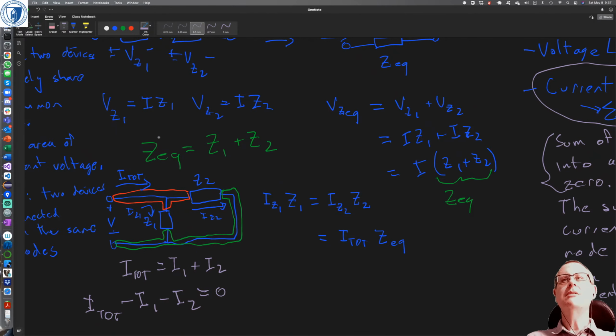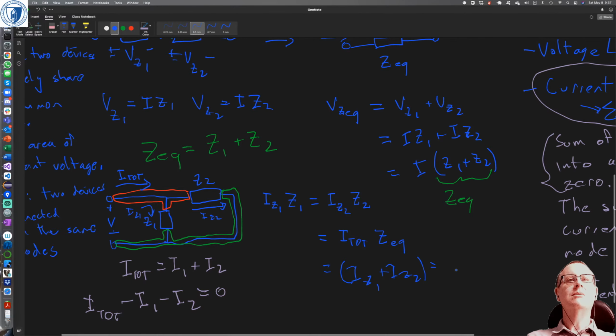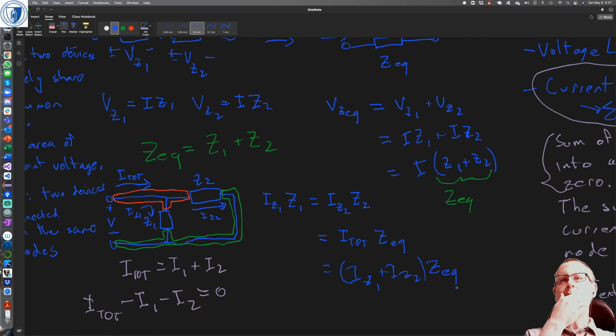Okay, so we've got, let's see if I can move this along a bit. So we've got I Z1 plus I Z2. Sorry, it's not equal, we just want times Z equivalent. So how do we do that?